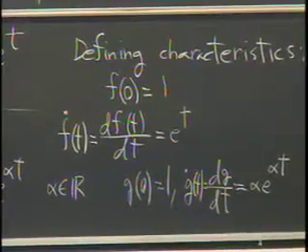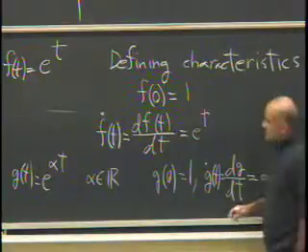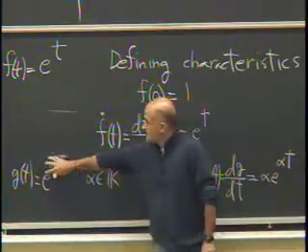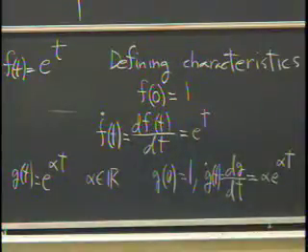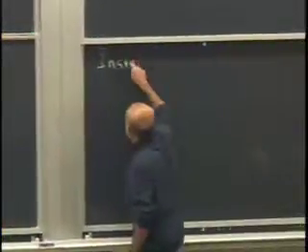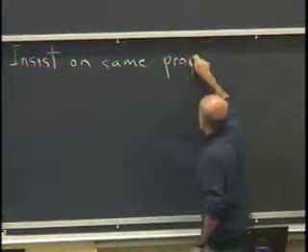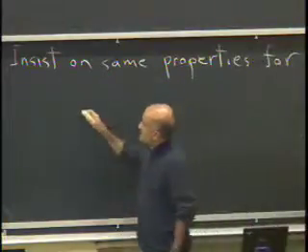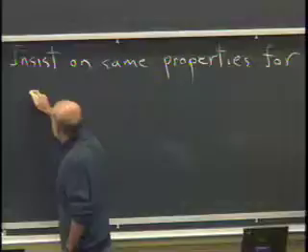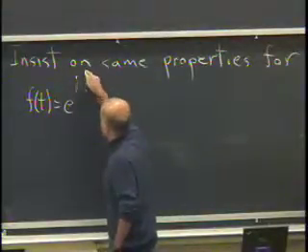Okay? Now, when we expand our scope and allow this alpha, whatever is multiplying t, to become a complex or imaginary number, when we go to the complex plane, we will insist on the same properties for the complex exponential, let's say e to the i t.